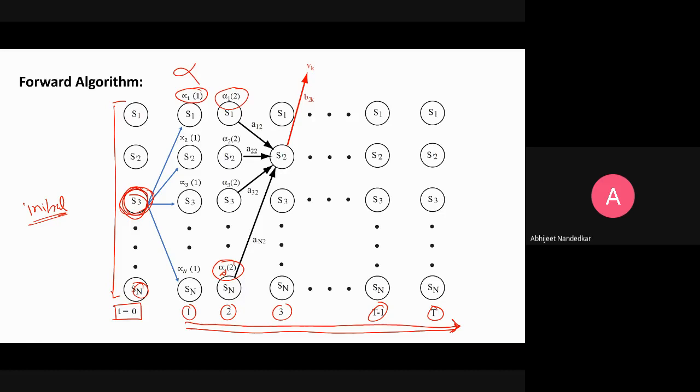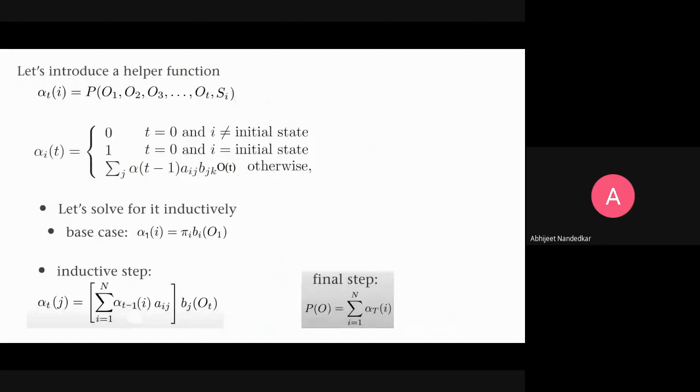Now what exactly is this alpha? Alpha is the probability that we see these symbols O1, O2, O3 up to OT and state Si. I am standing at some time step T, let us say T equal to 3.